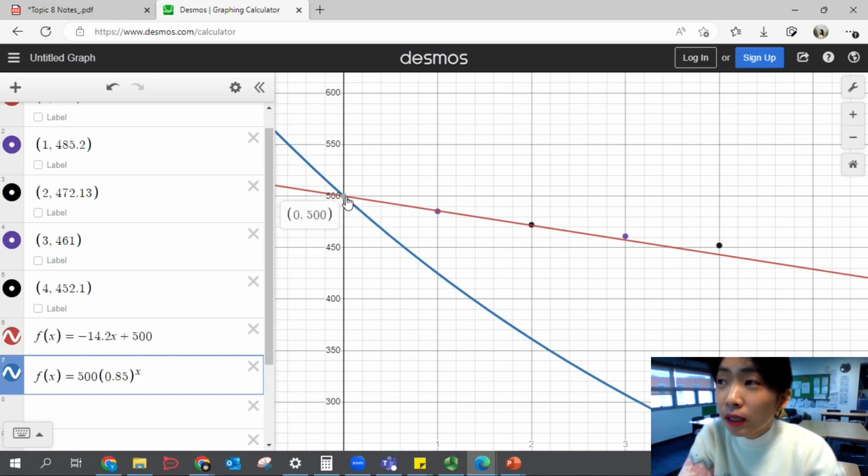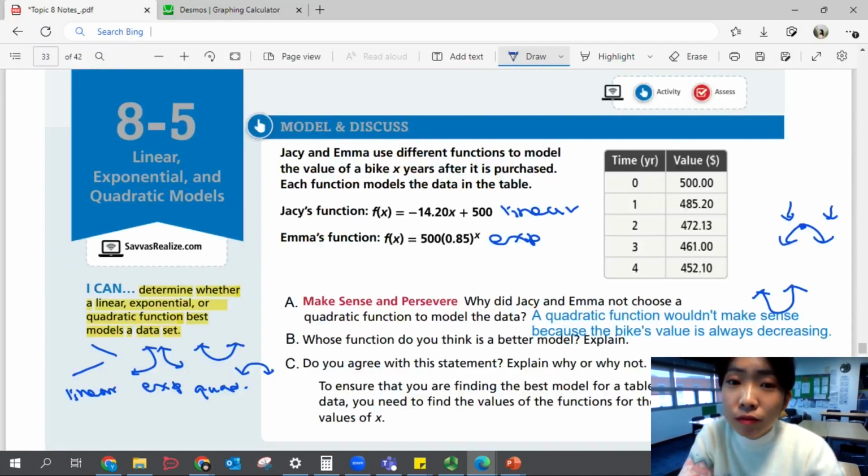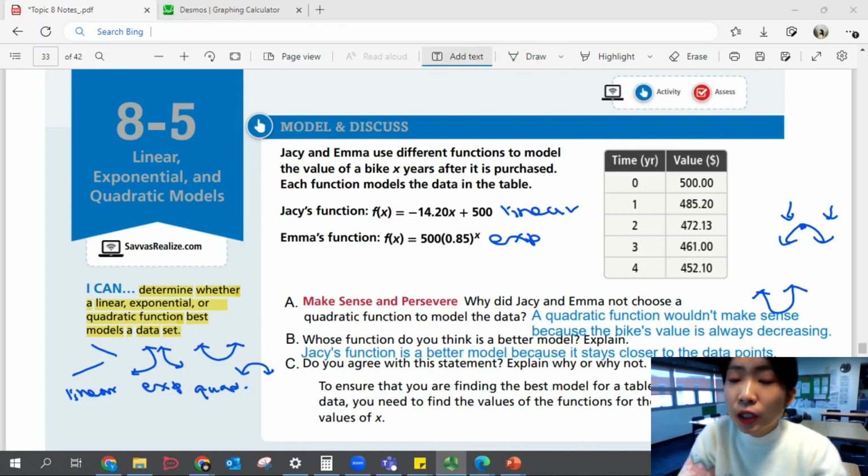Not really. It only matches the first point, but not the other points, right? So you could visually see how much closer JC's function is compared to Emma's. So you can say JC's function is a better model because it stays closer to the data points.